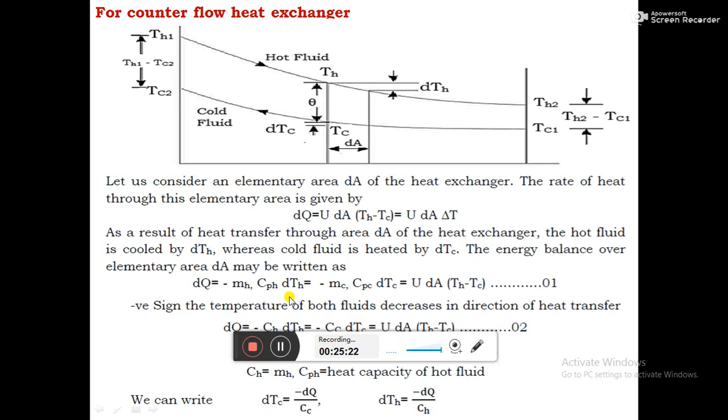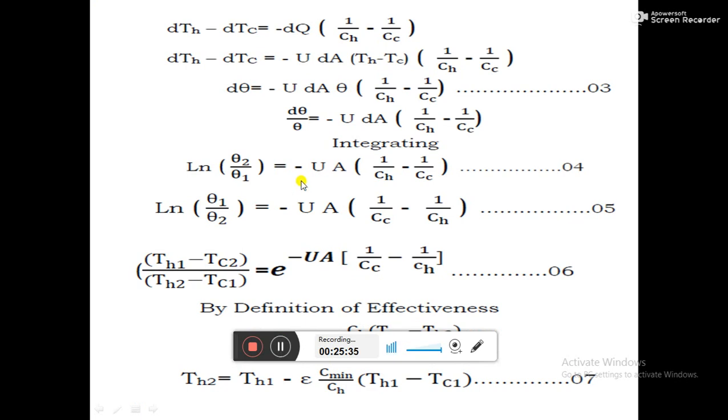From equation 2, we can write dTc equals minus dq by Cc, and dTh equals minus dq by Ch.